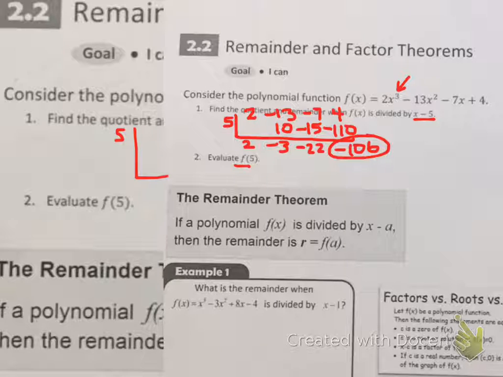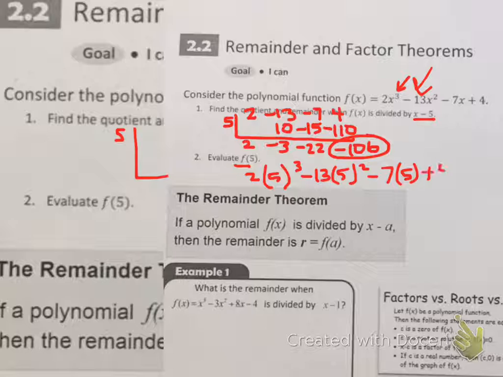Then they ask us to evaluate f of 5. So what we're going to do is substitute 5 in again every time we see an x. So we're going to do 2 times 5 cubed minus 13 times 5 squared minus 7 times 5 plus 4. 5 cubed is 125. 125 times 2 is 250.